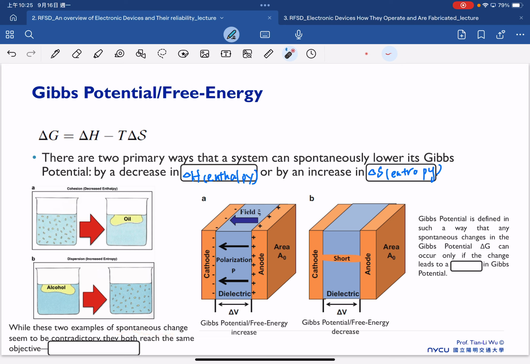So these are the two ways that can have a spontaneous change. Although they look like they could contradict each other, they both reach the same goal, which is trying to have a lower Gibbs potential.